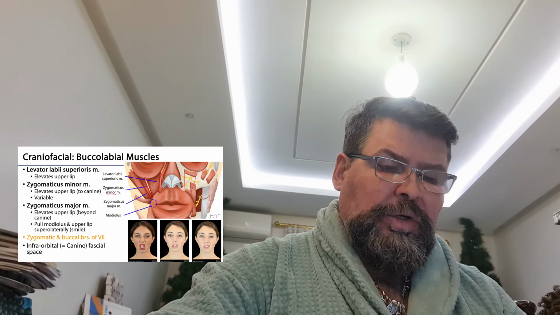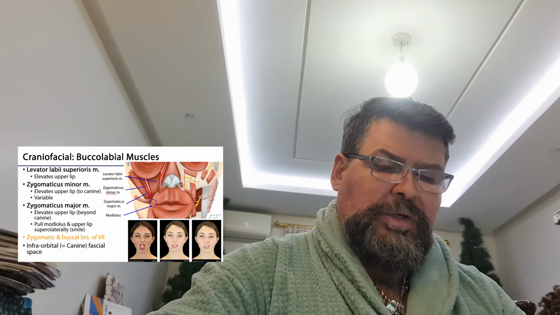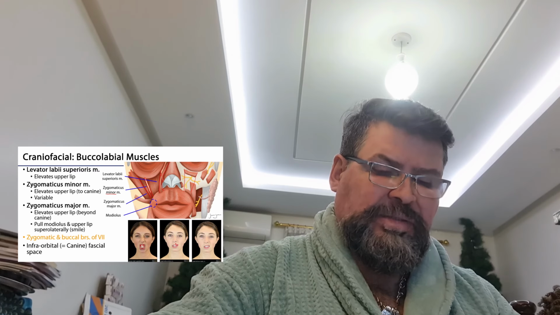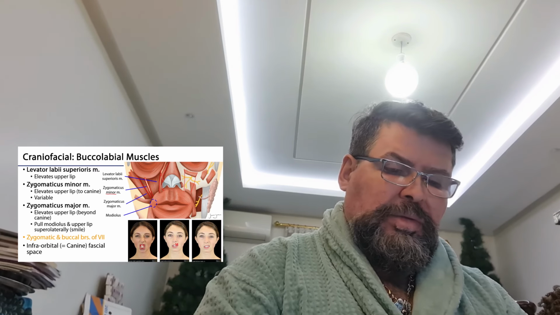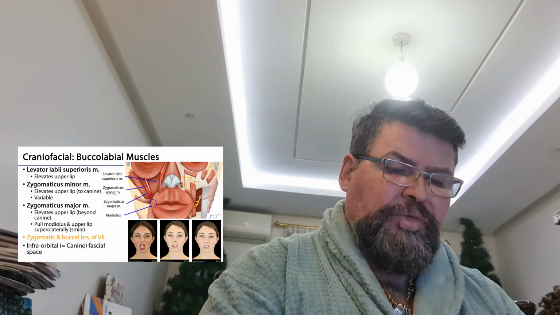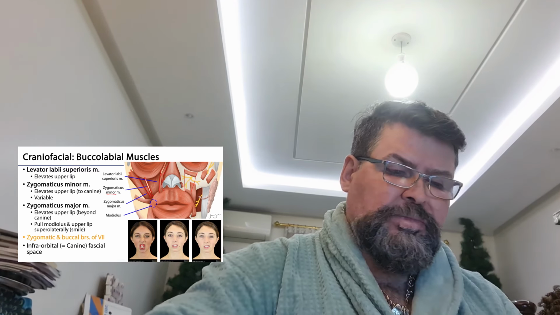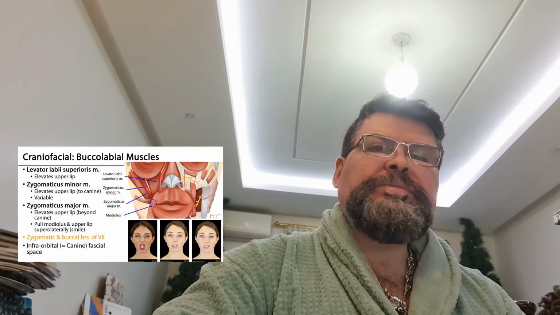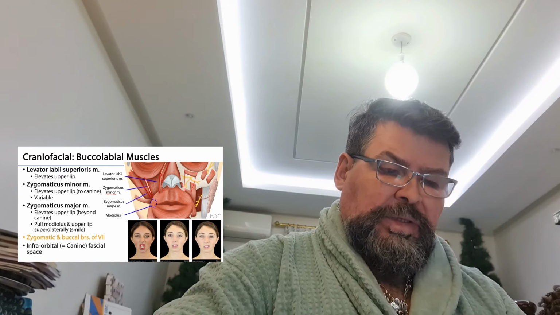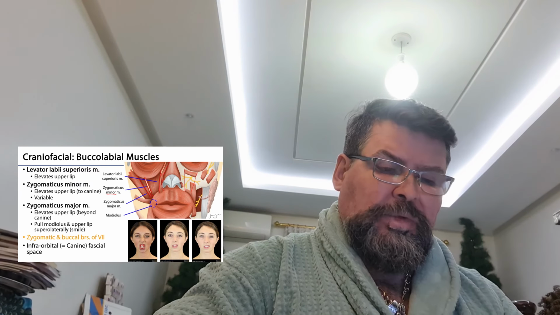Zygomaticus minor, when it fires, is going to pull the lip superiorly and laterally. So we have kind of an oblique vector there. And it is going to uncover the teeth to about the canine. So there is, let's see, central incisor, lateral incisor, canine.